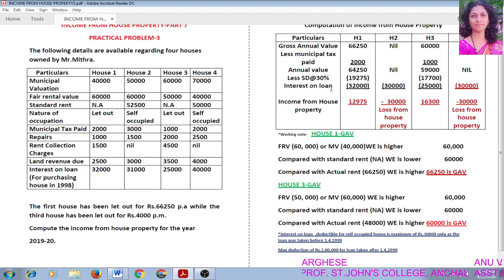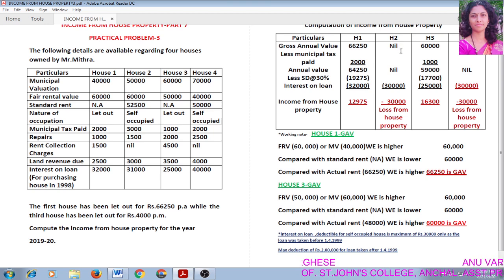The next item which you have to deduct is interest on loan. Here interest on loan is 32,000. So you can deduct 32,000. When you deduct 19,275 and 32,000 from 64,250, you will get 12,975. That is the income from house property of house number 1.